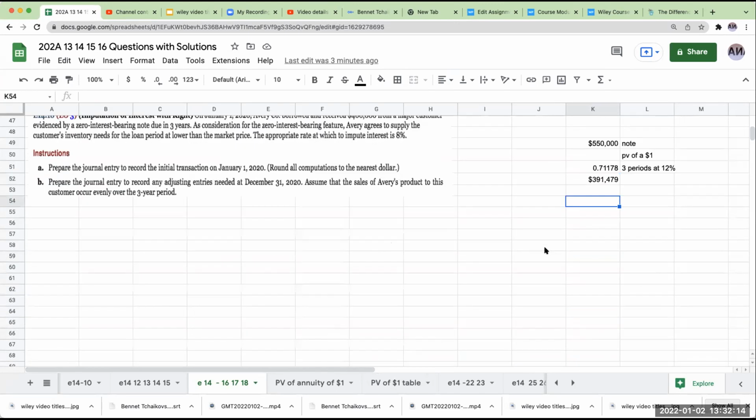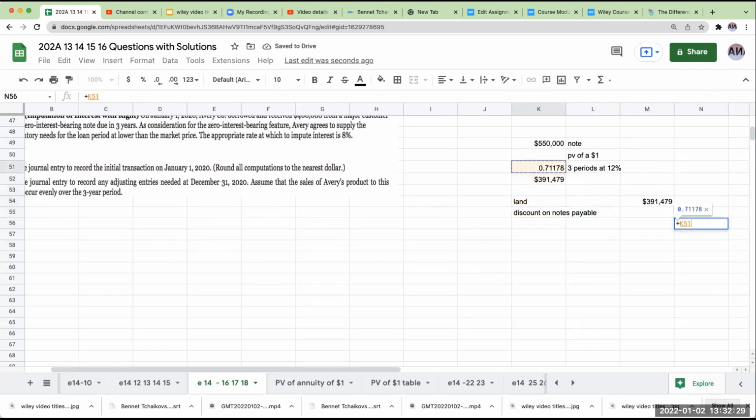Okay, so I'm going to debit land for 391,479. I'm going to have a discount on notes payable of the difference between the actual amount of the note and over here, and this will be notes payable.